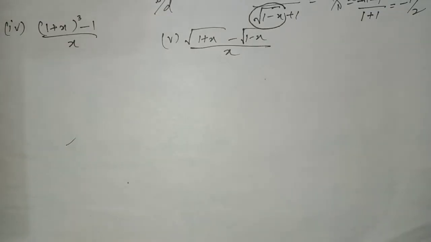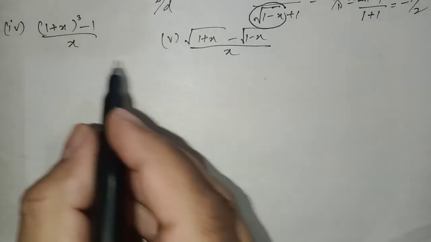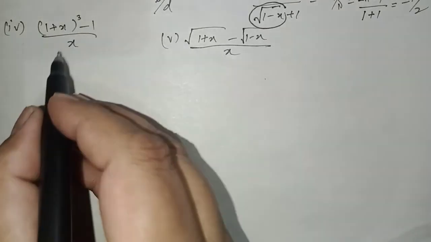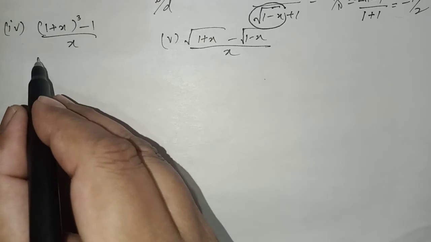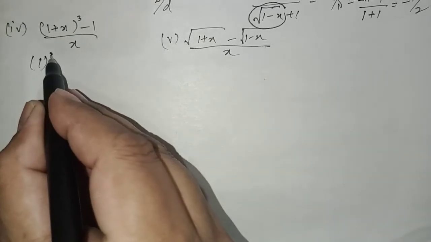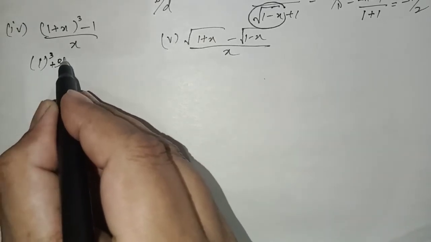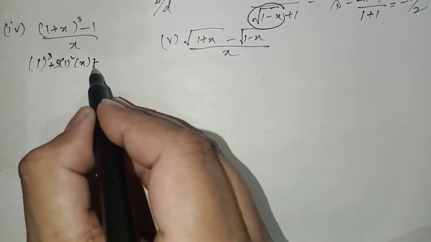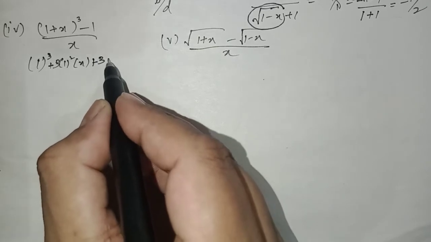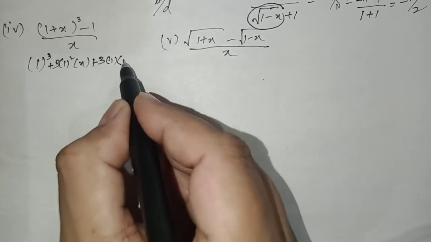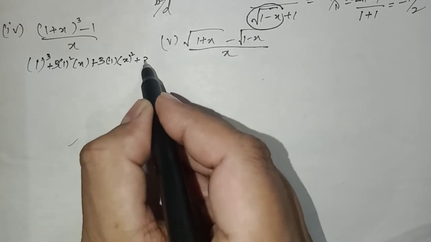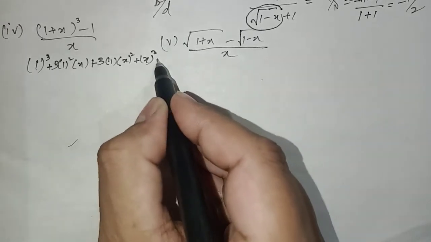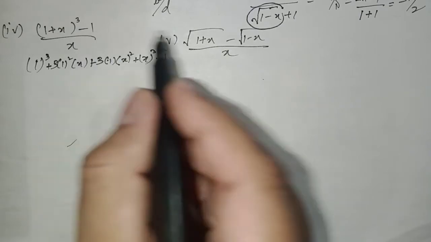In part 4, we are given (1 plus x) whole cube minus 1 upon x. For this purpose, we have to apply the formula of (a plus b) whole cube on it, and we do that. It is equal to a cube plus 3a square b plus 3a b square plus b cube, and then minus 1 will come over here.